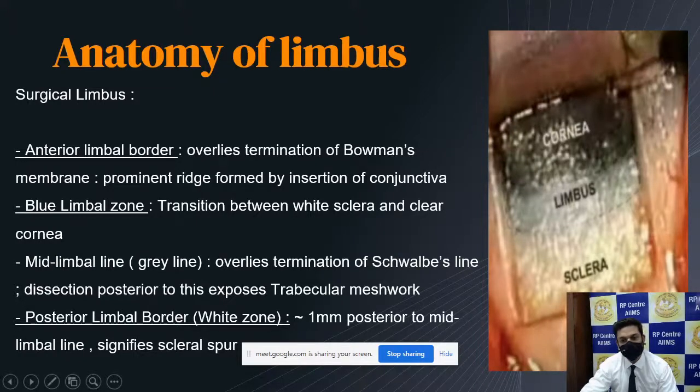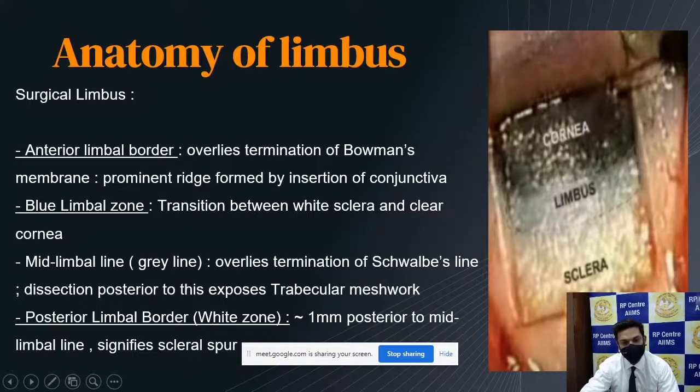I will be talking about the anatomy of cornea, followed by the embryology and development of cornea, corneal transparency, cells having microvilli, blood and nerve supply of cornea.